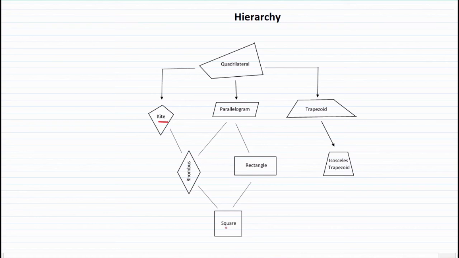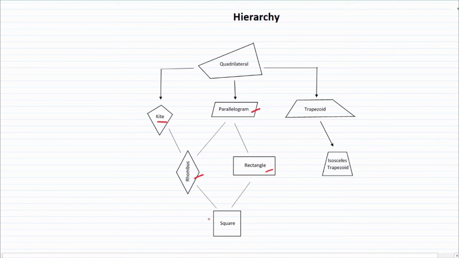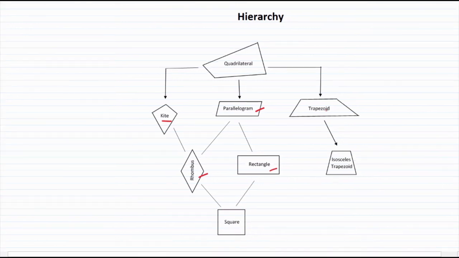Now if we look at this, a square will have the property of a parallelogram, will have the property of a rectangle, and will have the property of a rhombus. So a square is occupying this position in this hierarchy. We have another type of quadrilateral known as a trapezoid.